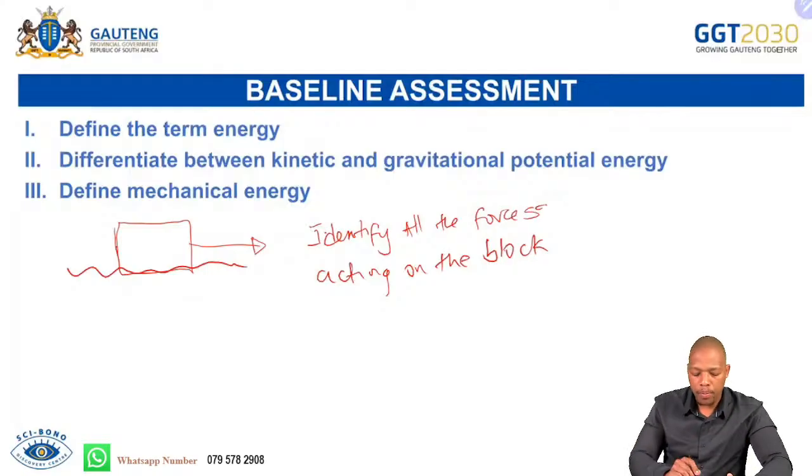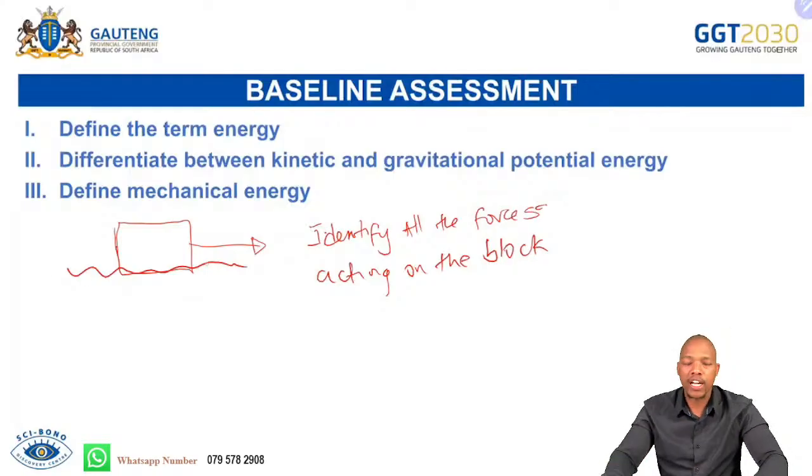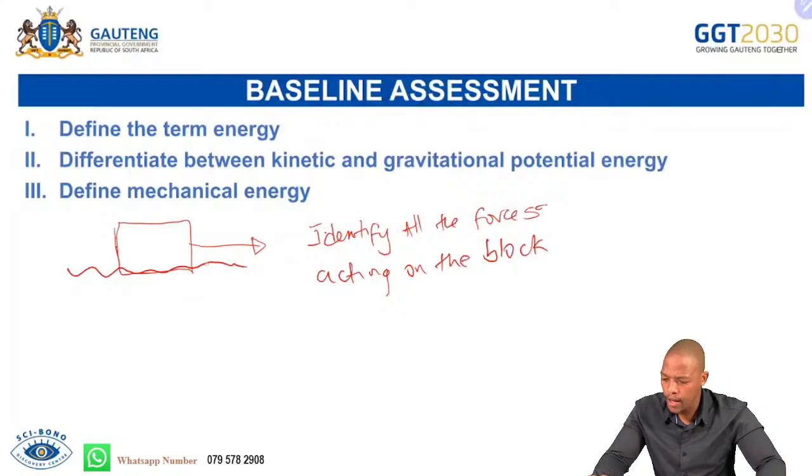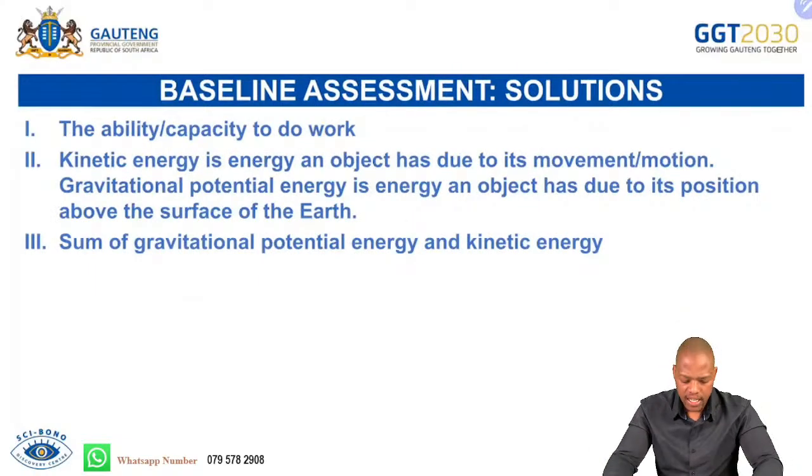If the block is being pulled here, as you can see the surface that I've indicated there, you should know the type of surface that I've indicated there and what it means about the forces that are there on that block. So just be able to define the term energy, differentiate between kinetic and gravitational potential energy, and define mechanical energy, and also try to identify all the forces that are acting on a block as it is being pulled to the right there.